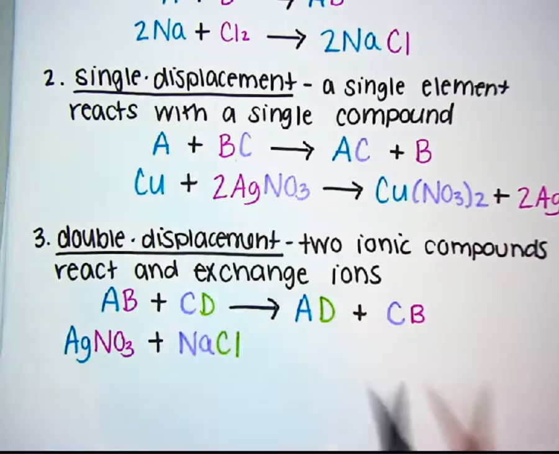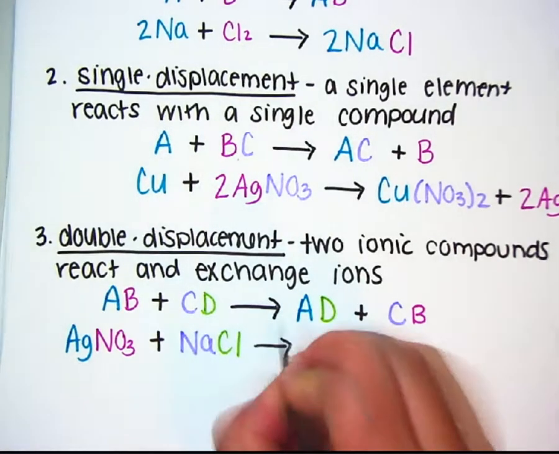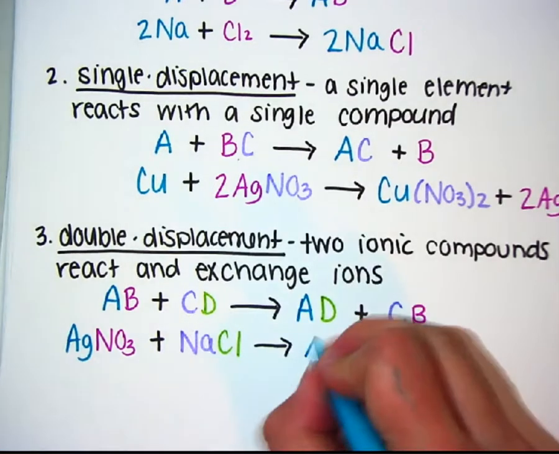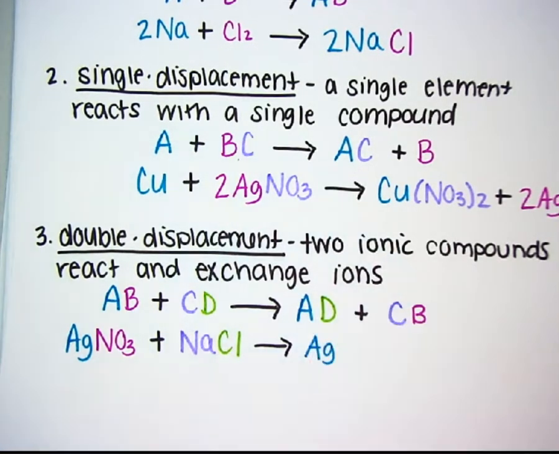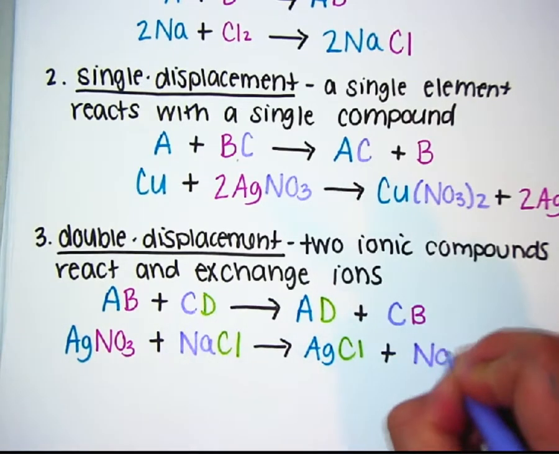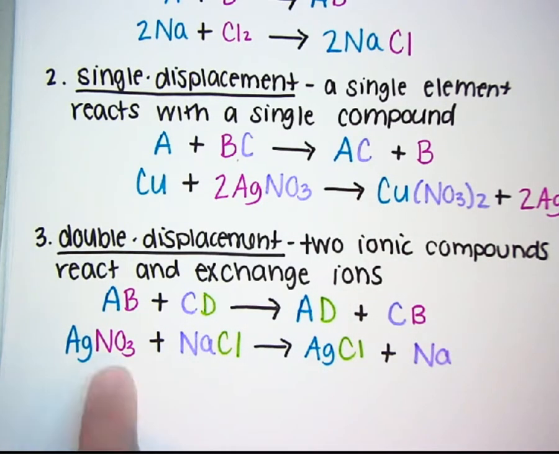All that happens in a double displacement reaction is the cation from the first reactant bonds to the anion from the second reactant. Cation from the second bonds with anion of the first.